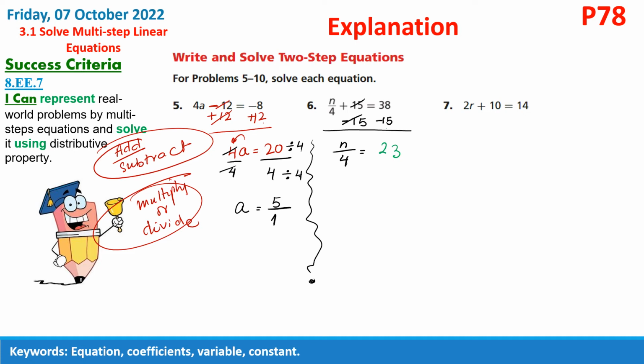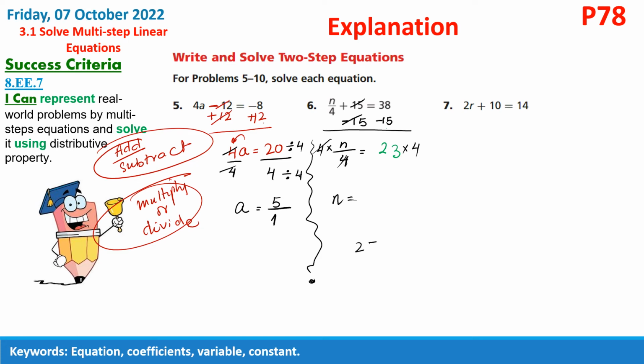Now look at this 4, right? Because we want to find out the unknown variable. Now 4 is dividing. So what will you do? You will multiply here and you multiply here. So 4 and 4 cancel. What is left? N equals 23 times 4.